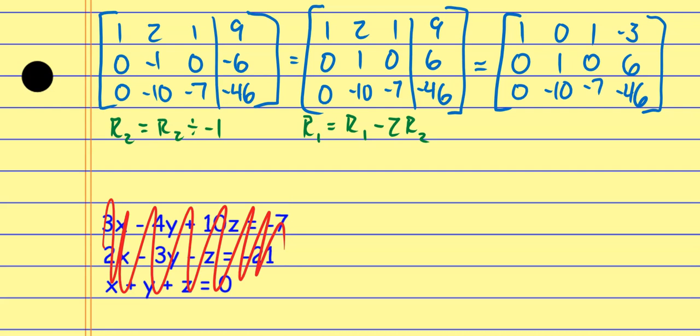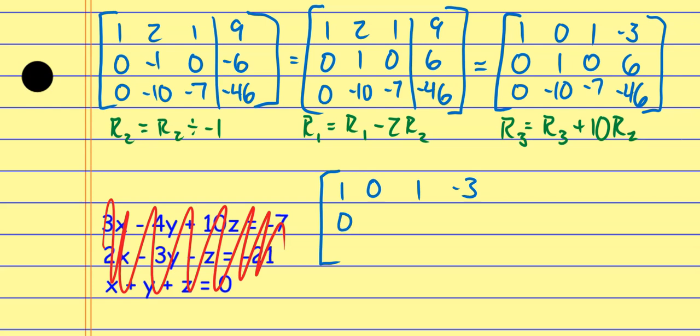Now I need to turn that -10 into a 0. To do that, I'm going to take row 3, and to it I'm going to add 10 of the second row, 10 row 2s. Okay? So again, the first row doesn't change.